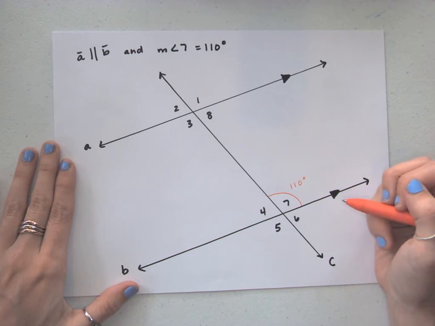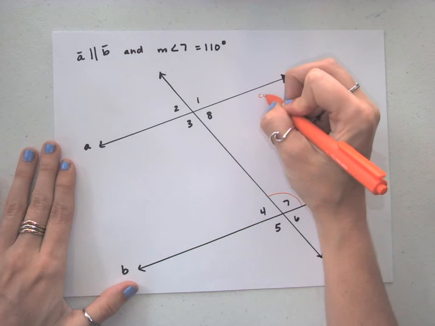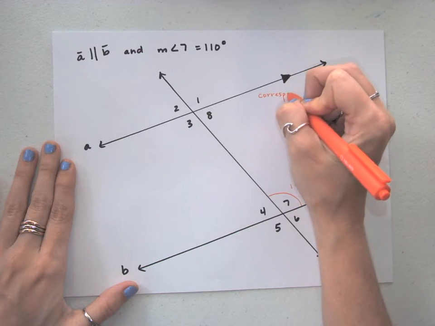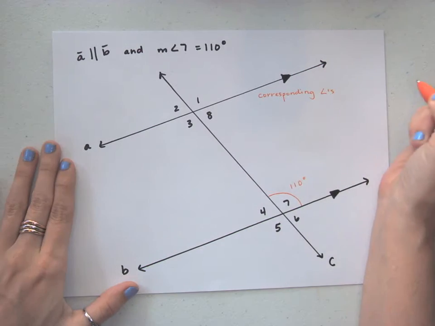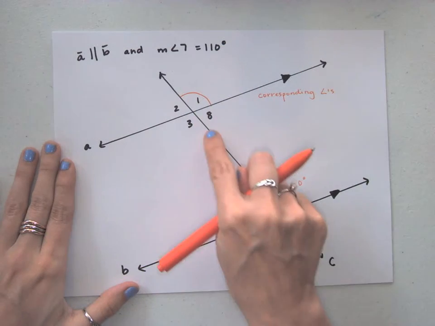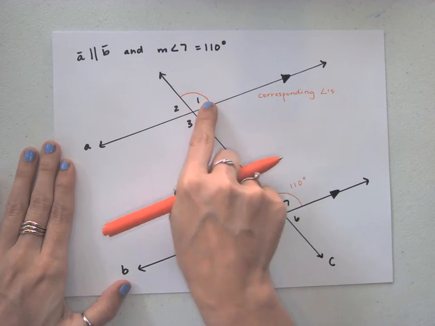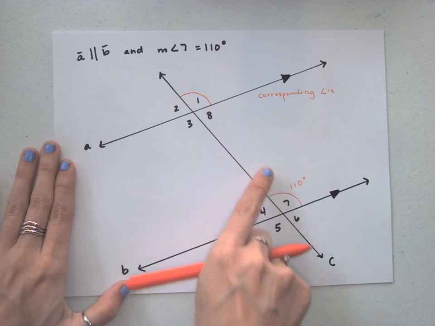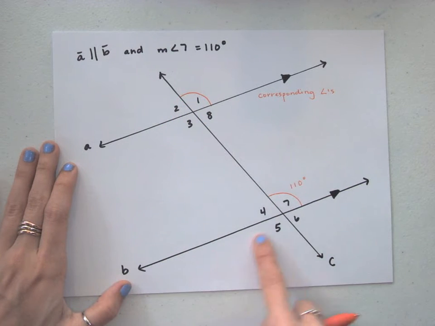So I'm going to start this way. It's not the only way to do it. First, I want to pay attention to my corresponding angles. Corresponding angles are angles that are located in the exact same location on the parallel line. So angle 7 is right here on line B. Angle 1 is a corresponding angle with angle 7. They're in the exact same position on the two lines.